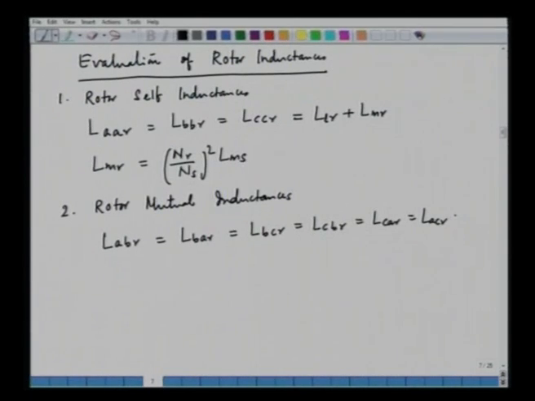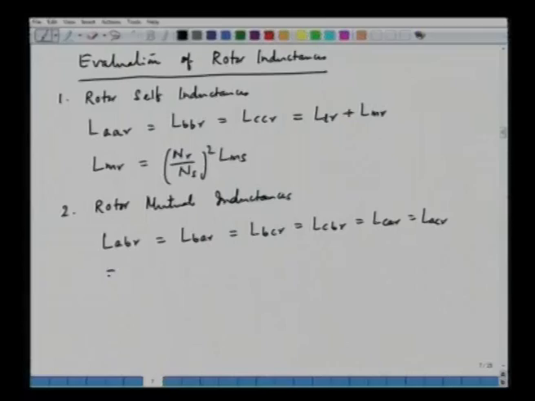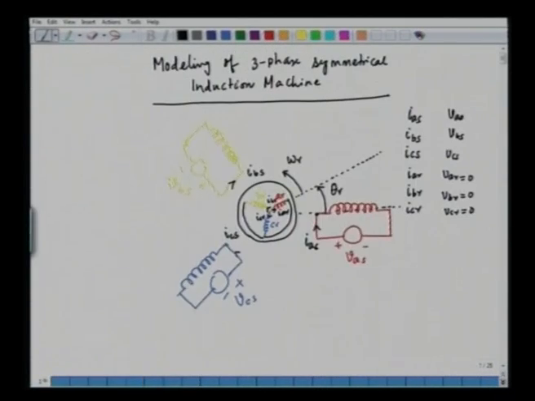Since the rotor is also symmetrical, this is equal to LMR into cos of 120, because in the rotor also, phase A and phase B are shifted by 120 degrees.